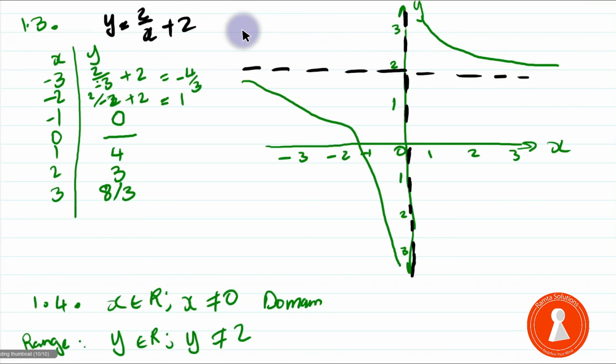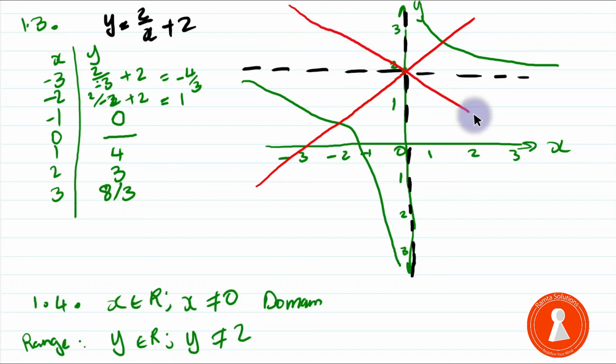If you were to plot them, they would pass through the y-intercept. Let me use a different color. They would be passing somewhere here and somewhere here. Can you see that? If you draw them to scale, they will be like that. So pardon me.